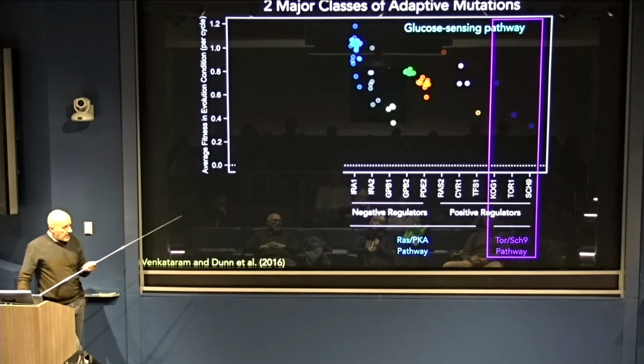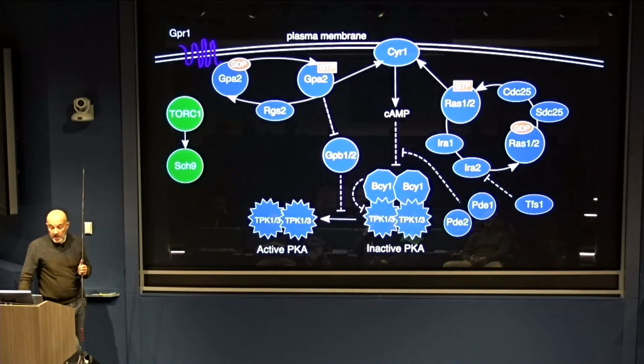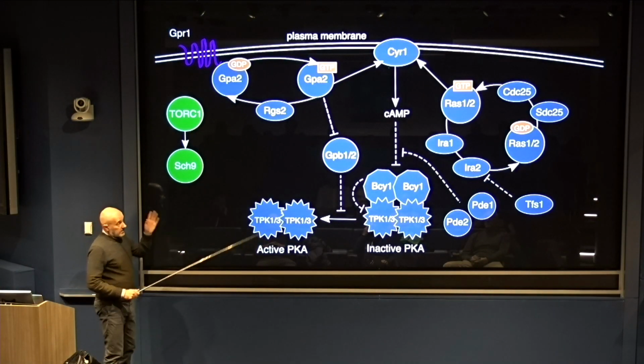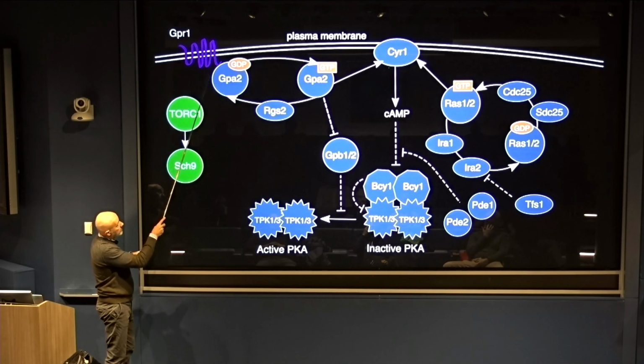Another interesting thing about these pathways is that they're entirely conserved in all eukaryotes. Part of my lab does studies of cancer, and it's the same exact pathway that we see in cancer. All right, so this is the pathway. There's a lot going on, but there's a gene that's involved in sensing the amount of glucose.